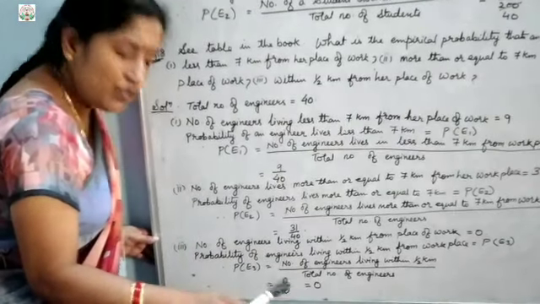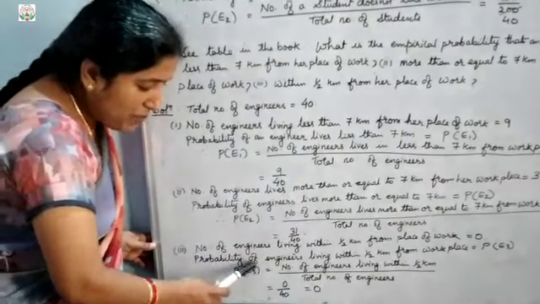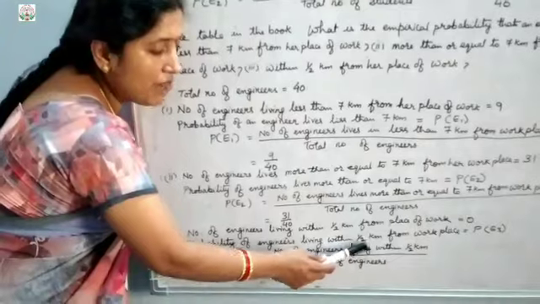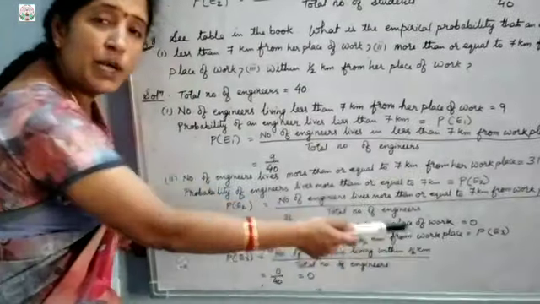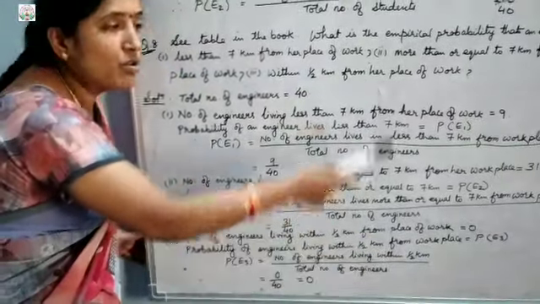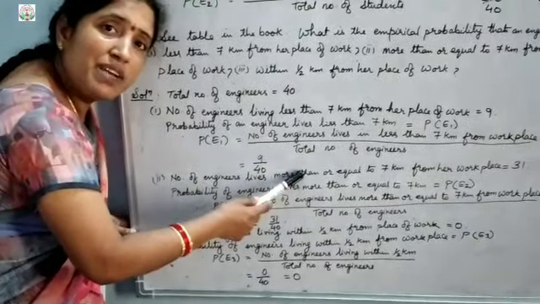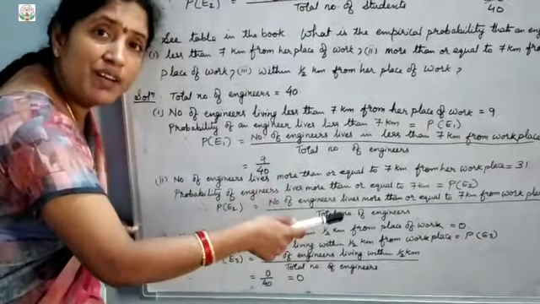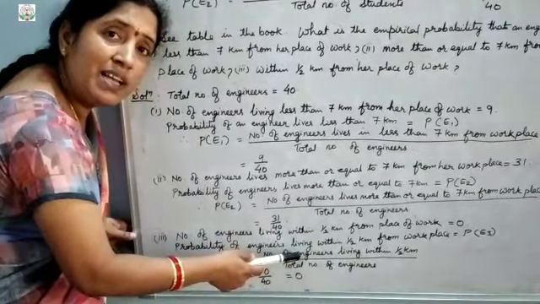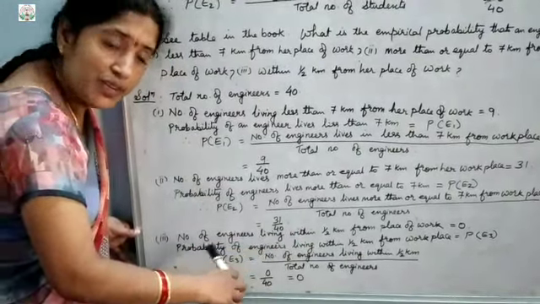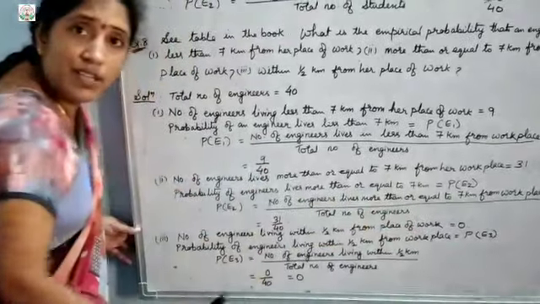Clear, children? Understood? So the probability of engineers living within half a kilometer from the workplace is P of E3, because E1 we have taken as less than 7, E2 we have taken as more than and equal to 7, and now E3 we are taking as less than half a kilometer. That is P of E3.